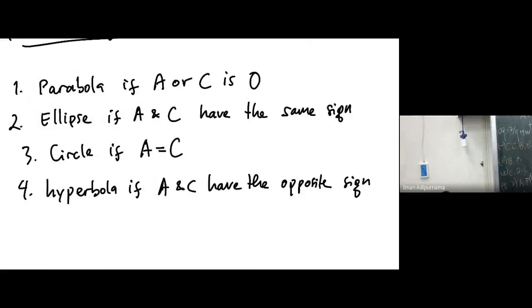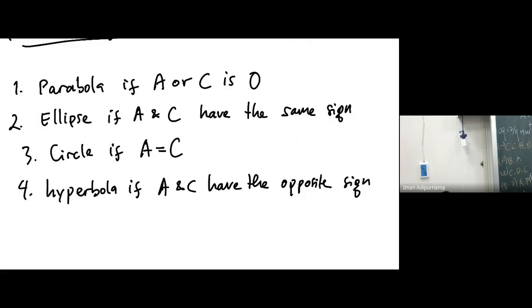I think for ellipse and hyperbola, if you understand the formula, for an ellipse you have x squared over a squared plus y squared over b squared, right? It's plus. So the x squared and the y squared should have the same sign, positive or negative, right?